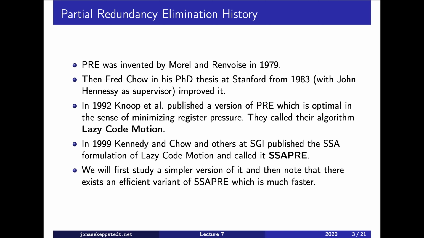And it's important to minimize register pressure during optimization. There are several optimizations which can increase the register pressure and then make the program much slower due to a lot of spilling.